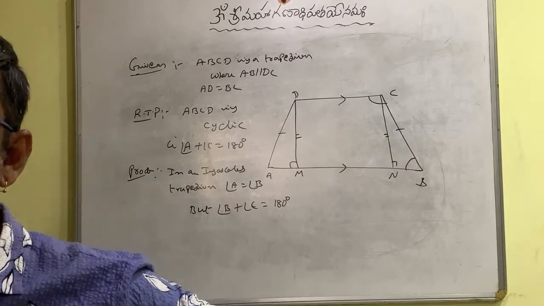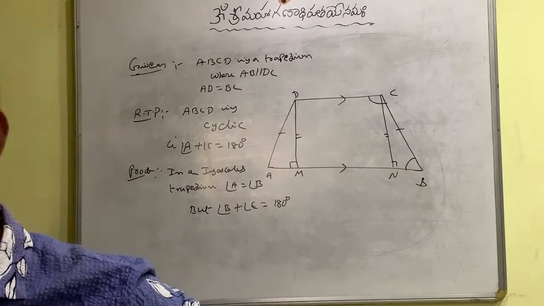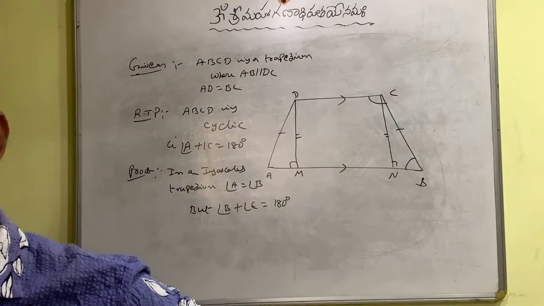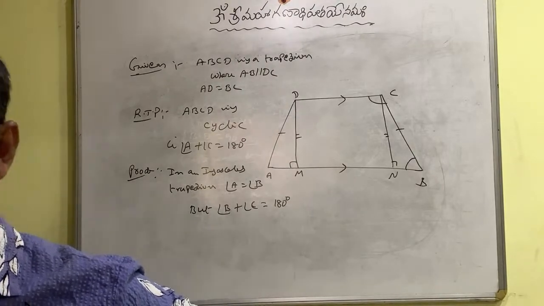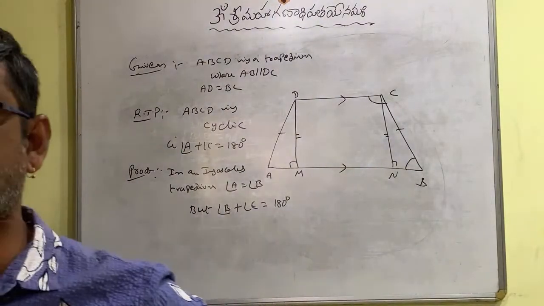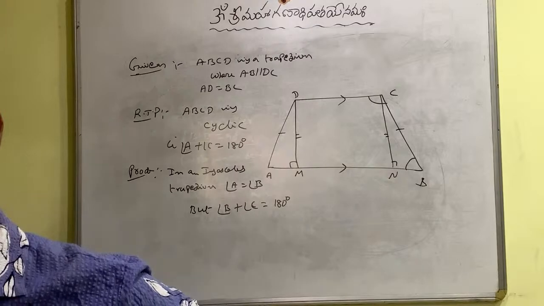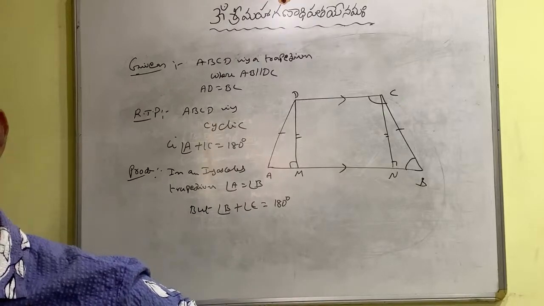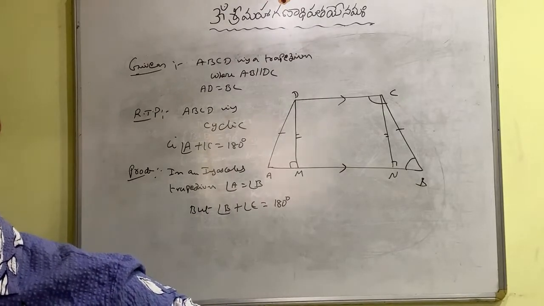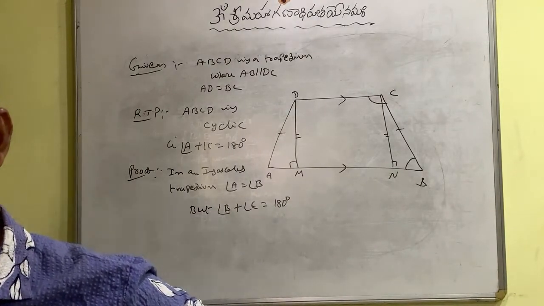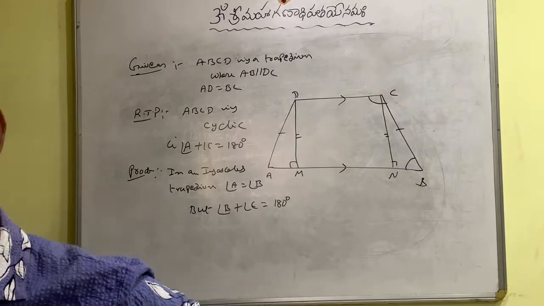What do we call angle B and angle C? What type of angles are they? Alternate angles, corresponding angles, vertically opposite angles, adjacent angles? So adjacent angles. In any quadrilateral, can we say the sum of adjacent angles is 180?